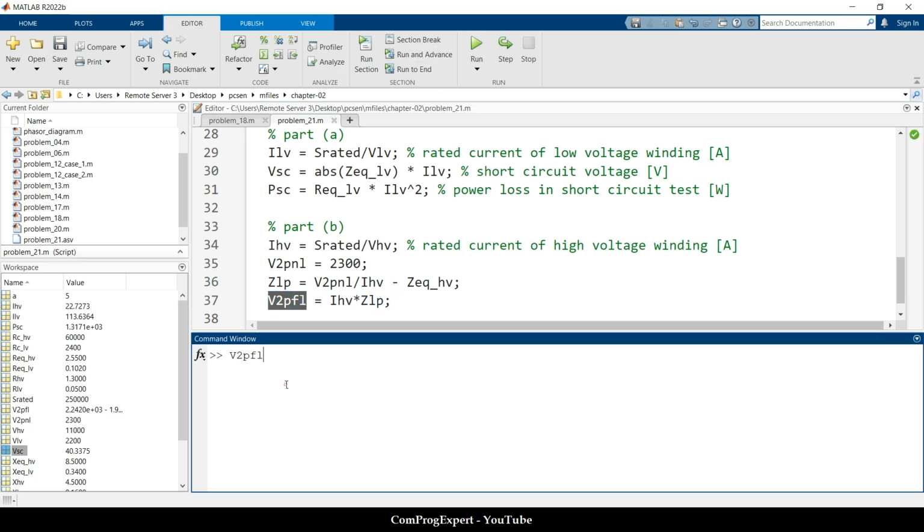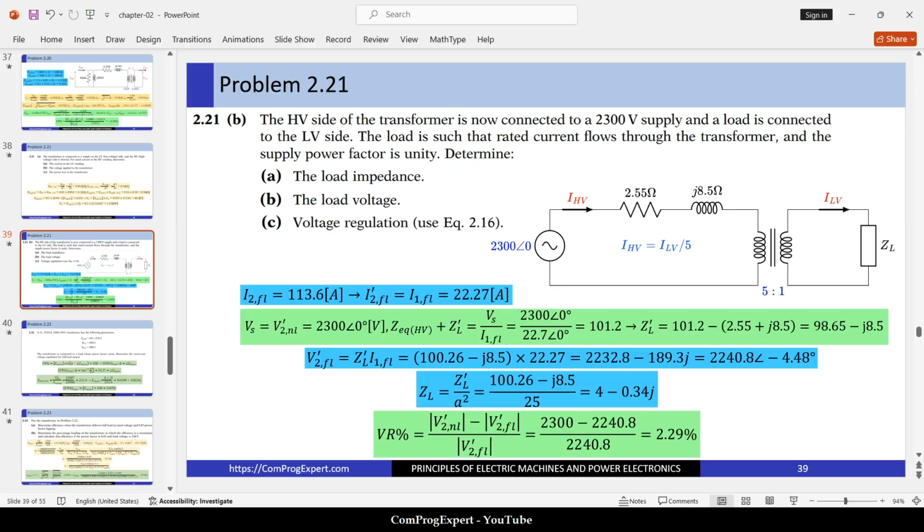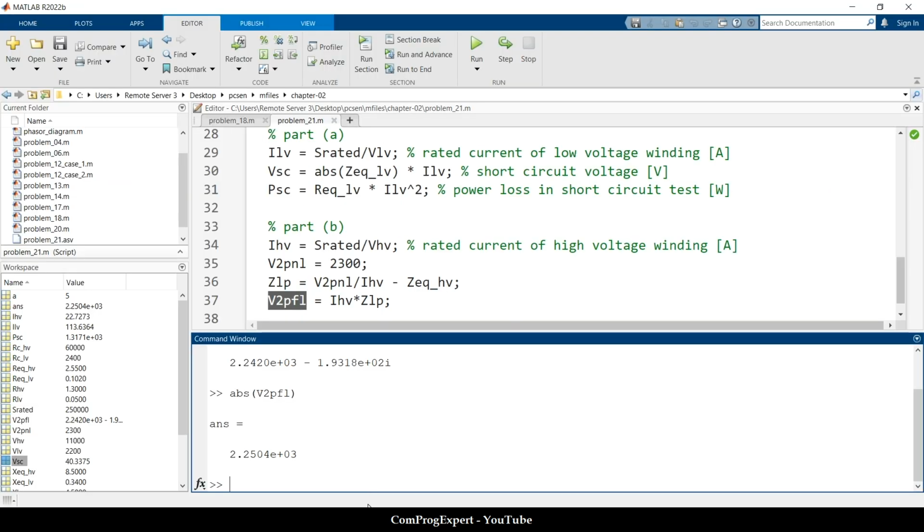So this is V2 prime full load. Let's check the amplitude of this variable. ABS, 2250.4. So 2250.4. What is its angle?